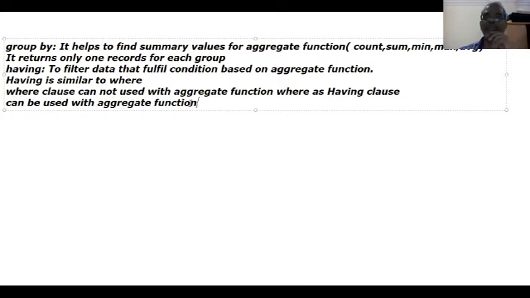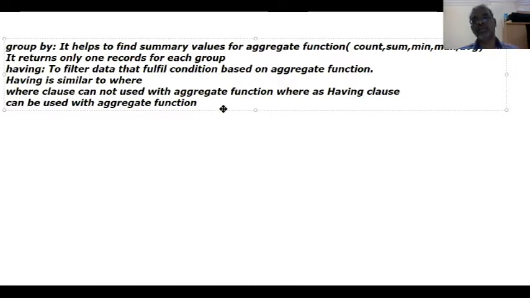Already we studied: select star from student where gender equal to M. In this example, we are not using any aggregate function, count, sum, min, max, we are not using. Whereas the having clause can be used with an aggregate function.